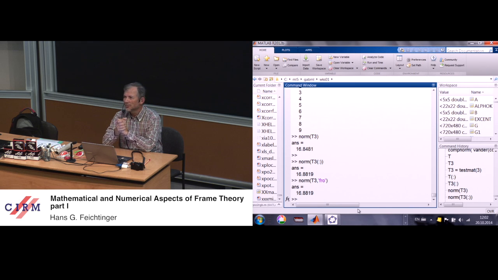What are Hilbert-Schmidt operators? These are certain compact operators which have a singular value decomposition in L2, and the good thing is that Hilbert-Schmidt operators have a scalar product. So there is the Hilbert space of Hilbert-Schmidt operators.